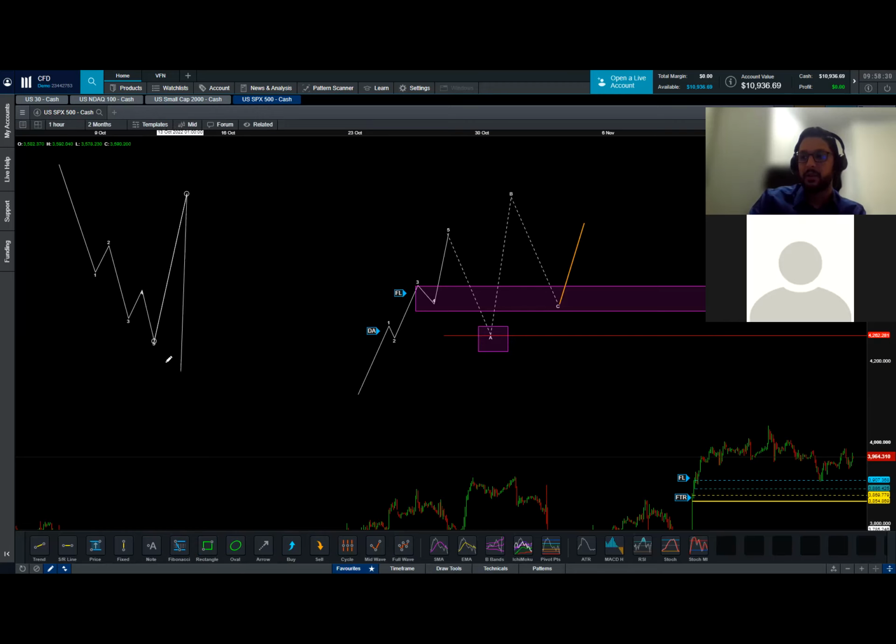So right now, all the sellers are under pressure, stopped out. They are getting into the buying opportunity. And right now, all the buyers are under pressure just because the market is coming down, stop hunting everyone. And then for the pullback to here, we are going to take what? Short position.